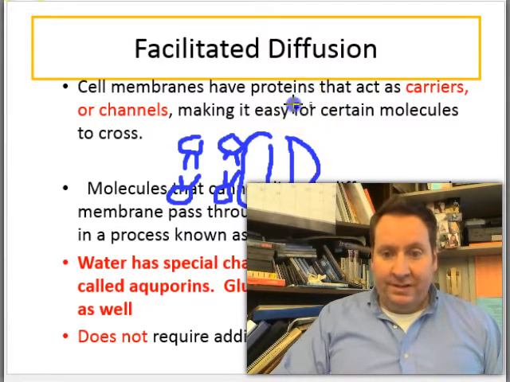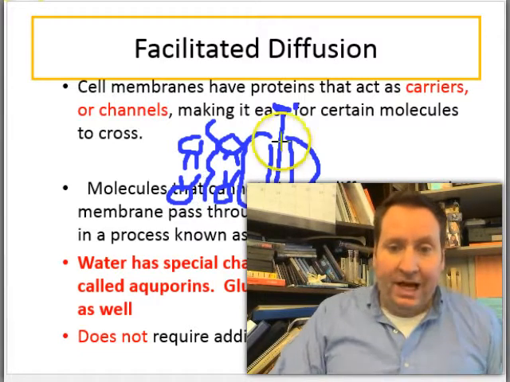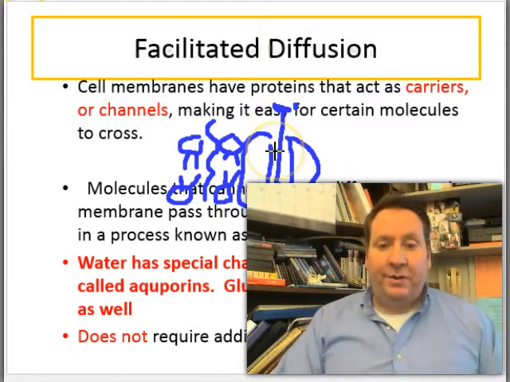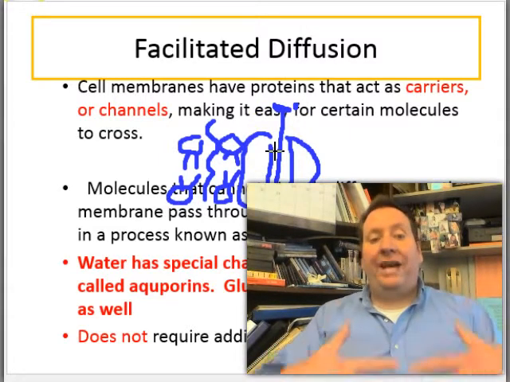So this might be a glucose molecule right here, and this glucose is going to go from high to low concentration. But rather than sneak through this phospholipid bilayer, these two little phospholipids, it makes its way through the bilayer by going through a channel. So facilitated diffusion is going through a channel.